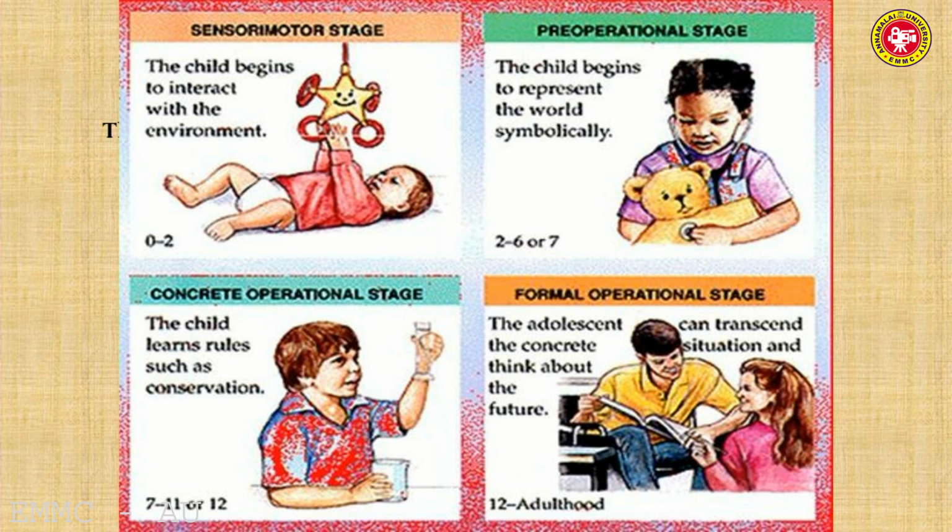In this, the child begins to interact with the environment. Then second one, pre-operational stage. Here the child begins to represent the world symbolically. Third one, concrete operational stage. Here the child learns rules such as conservation. Fourth one, formal operational stage. The adolescent can transcend the concrete situation and think about the future.